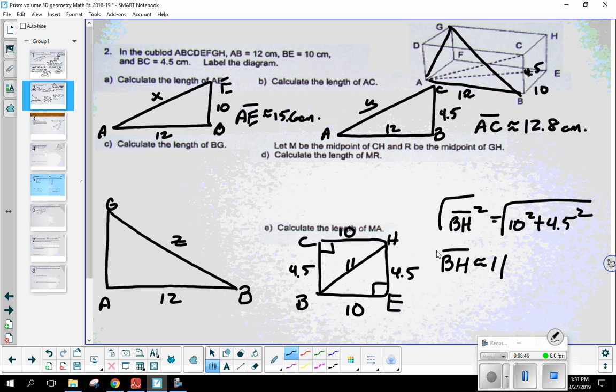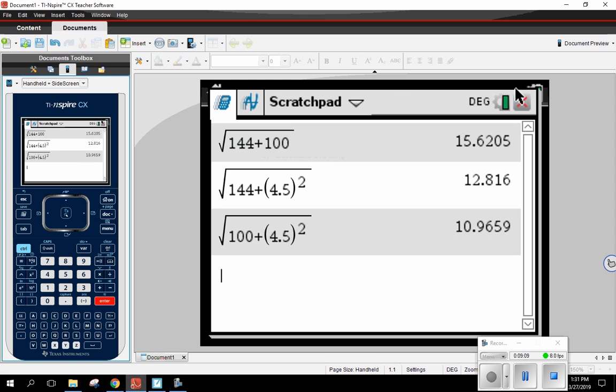Good. Very good. Okay. So I know that this height here, because BH is about 11, is about 11. Now I can calculate that length. What are we looking for here? BG. So Z squared would equal about 11 squared plus 12 squared. Take the square root of that.